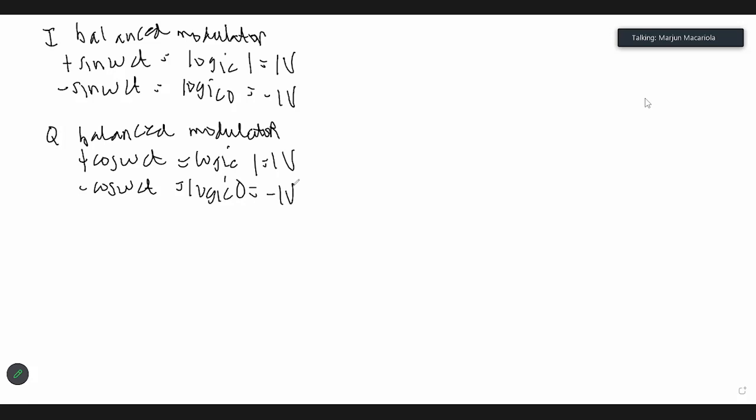Again, QPSK, based on what I've discussed a while ago, QPSK has 4 possible inputs. So, ito yon. So, paano natin papasukan ng 4 possible input combinations, which are the dibits.